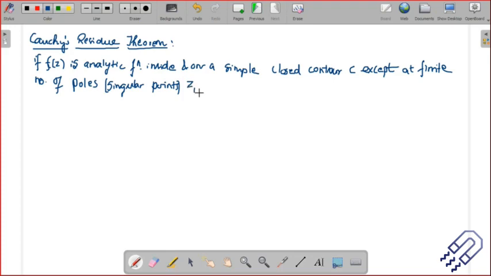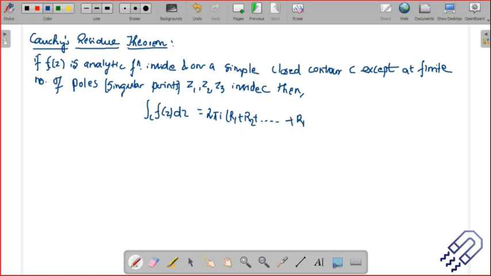Let's say these poles are z1, z2, z3 inside C. Then we can take the integration over C of f(z) dz. We want to find the integration of that function. We can simply write it as 2 pi i times (r1 plus r2 plus, depending on how many residues there are, up to rm). We're going to solve it, but before that I'd like to recall Cauchy's theorem.